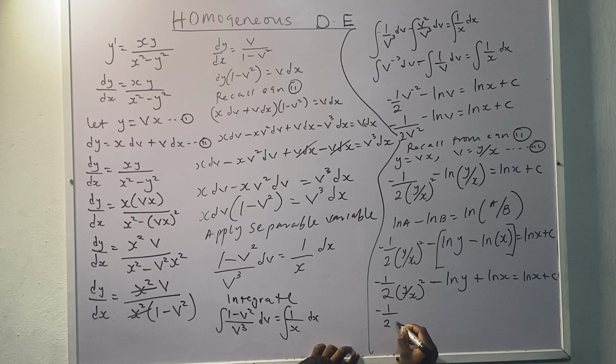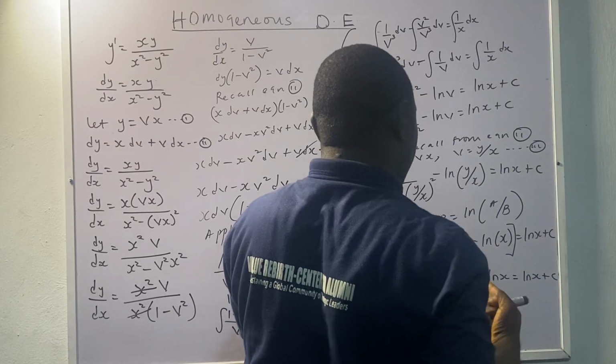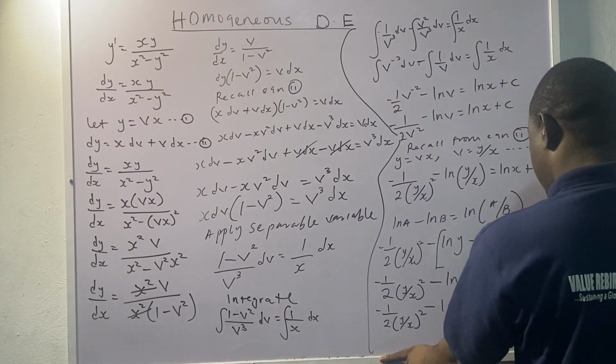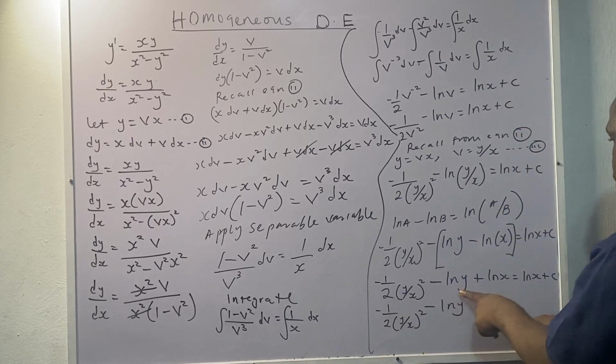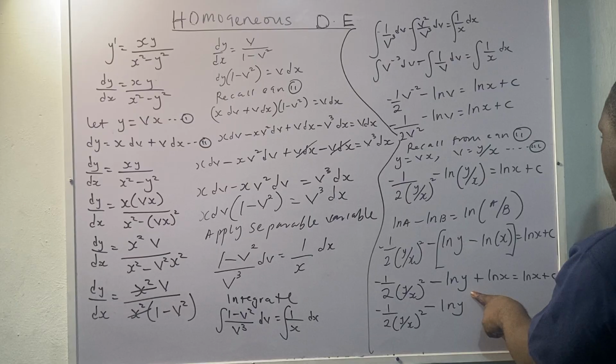So you have 2 equals to this ln y, and you'll be left with ln y here.